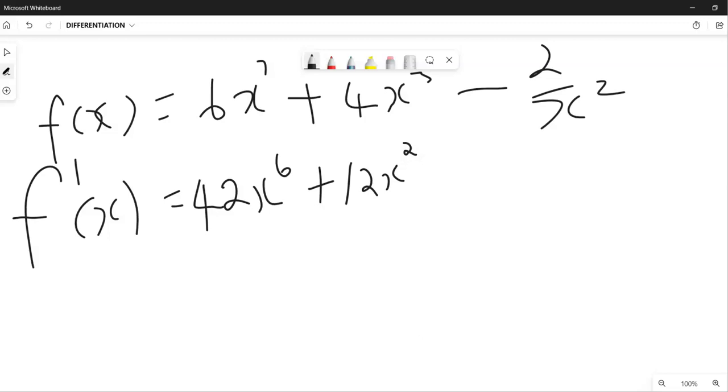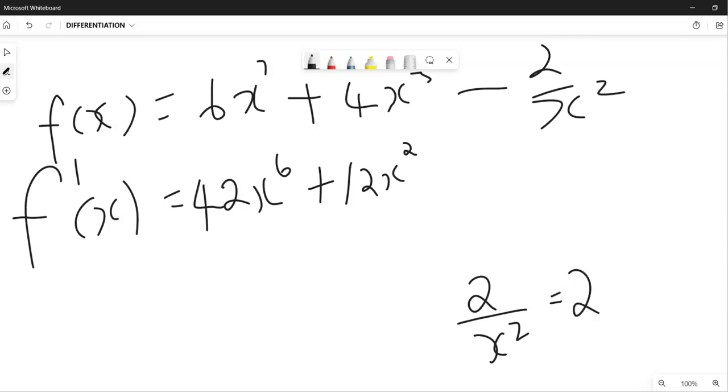And then we have 2 over x squared. So I should have really simplified that part first before differentiating. So let's do that down here.